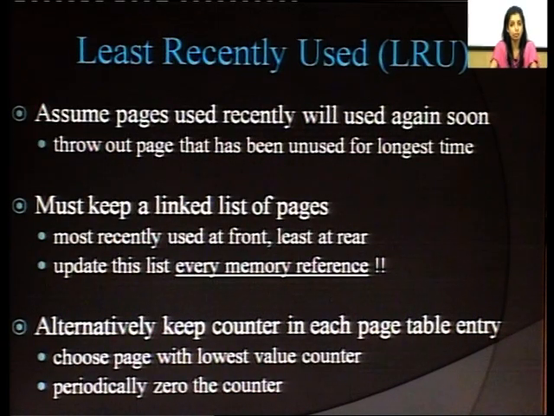Alternatively, keep a counter in each page table entry, choose the page with the lowest counter value, and periodically zero the counter. That means the least recently used pages can be swapped with the requested page.